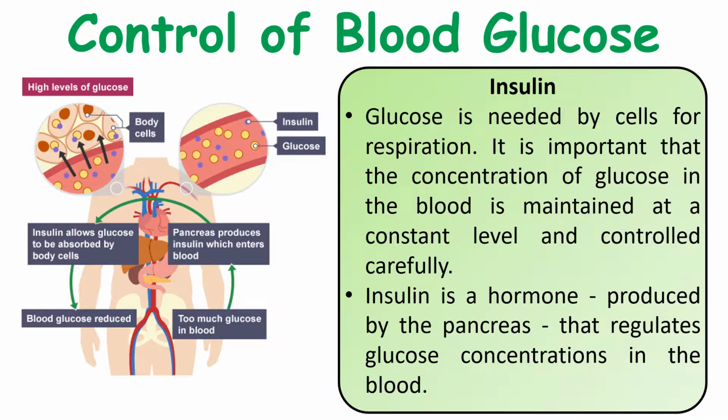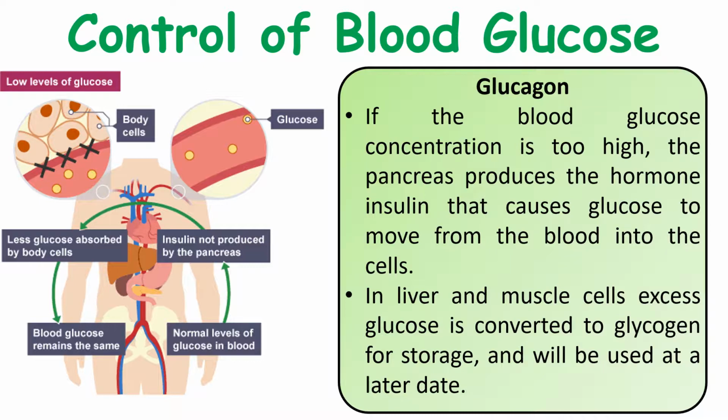If blood glucose gets too high, this is detected by the pancreas, which releases insulin. That insulin travels around the bloodstream to the liver and causes the liver to absorb that excess glucose in the blood and store it as glycogen.